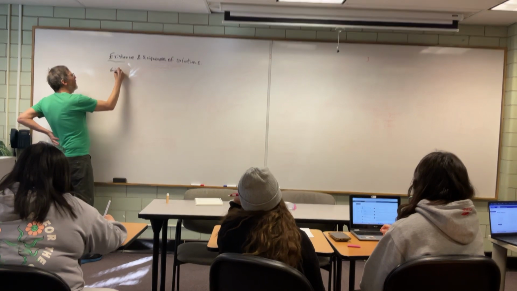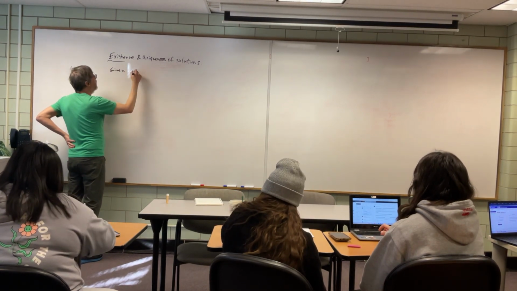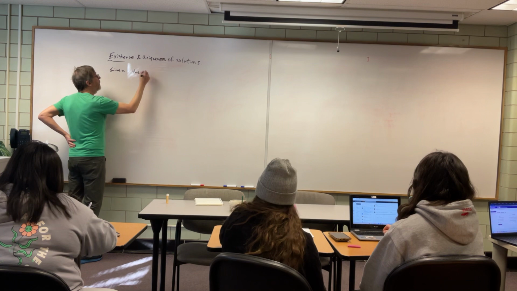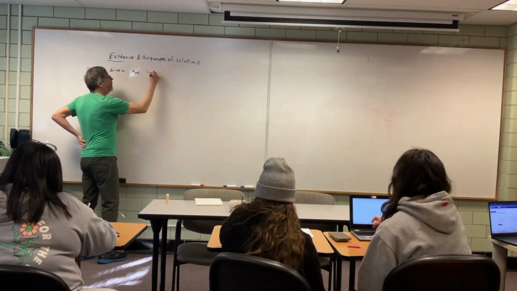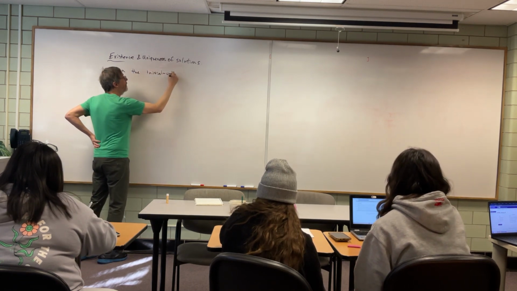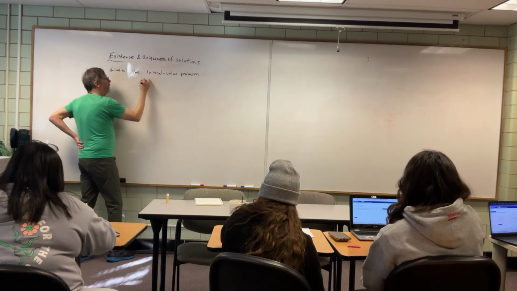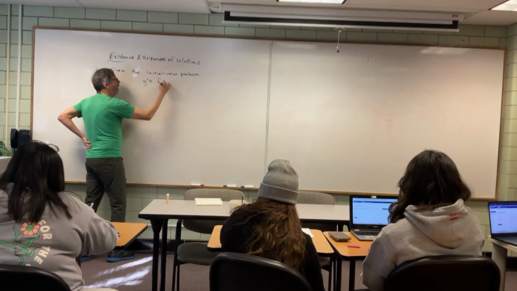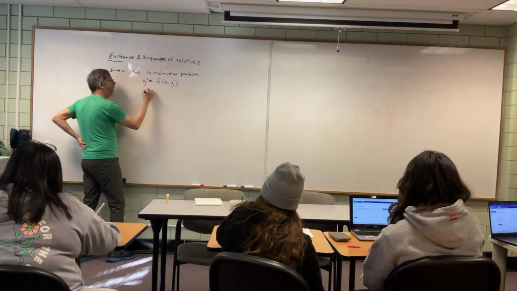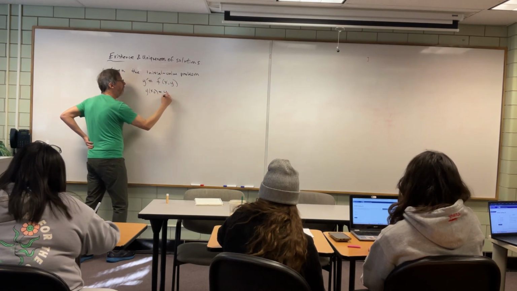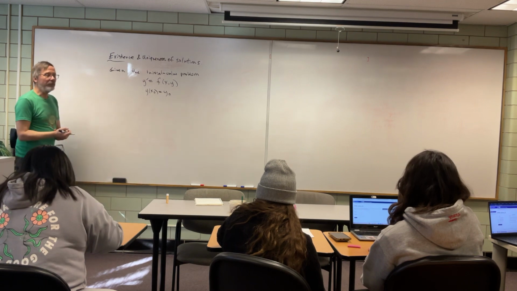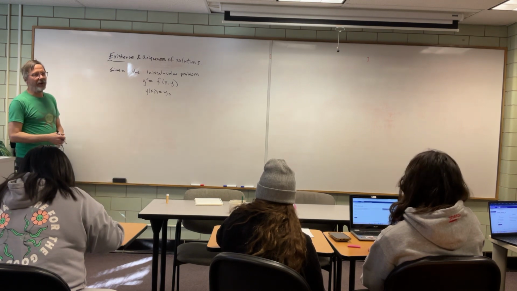So let's say we're given a pretty typical problem for us. Given the initial value problem, we've got y prime equals f of x, y, and then we have an initial condition. Something that we got into this form.